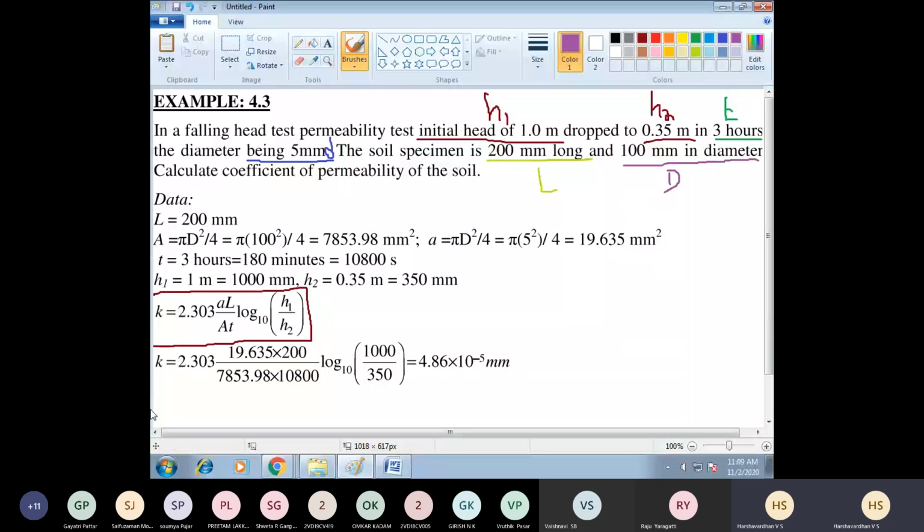Next, so small a. Small a is area of standpipe. Okay, in falling head test, you have permeameter and standpipe attached to the permeameter. So cross section area of standpipe is given by pi into d square by 4.